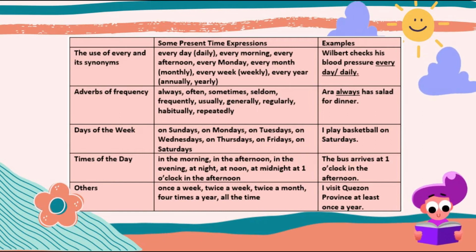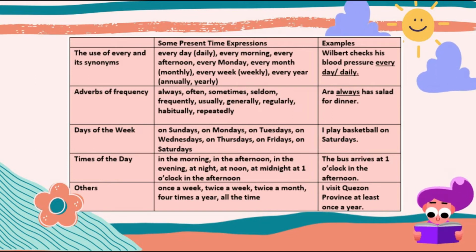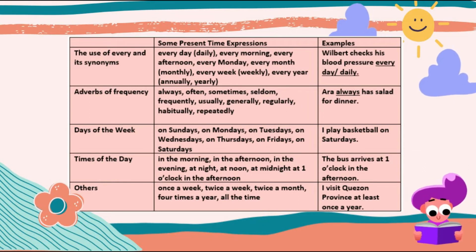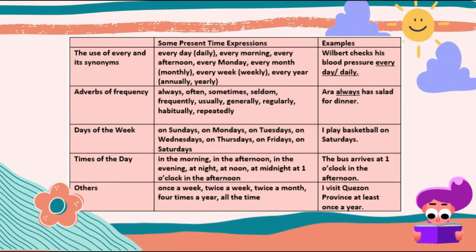Okay, another one. We have the adverbs of frequency. Now, class, adverbs of frequency state how often actions take place. Take note of that. So here are some examples. We have always, often, sometimes, seldom, frequently, usually, generally, regularly, habitually, and repeatedly.